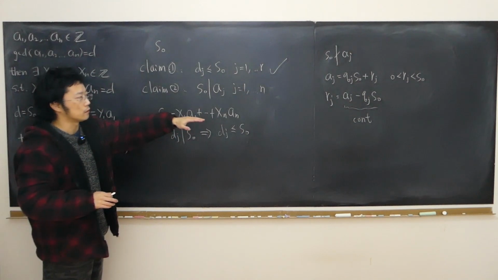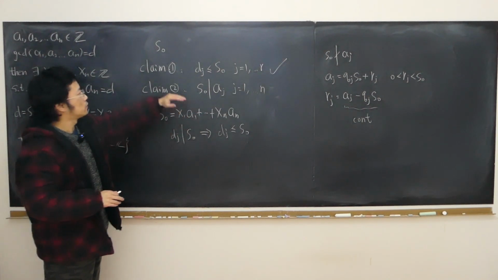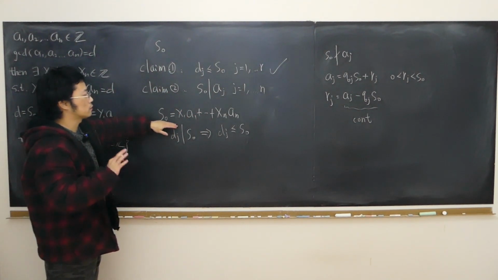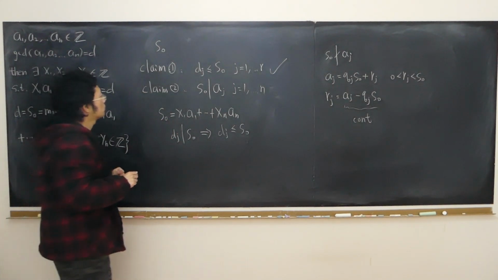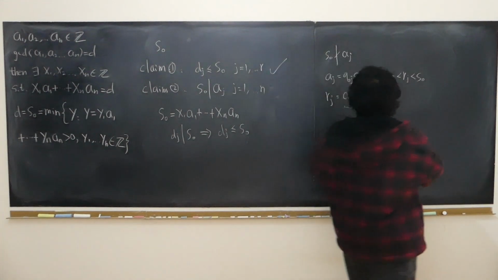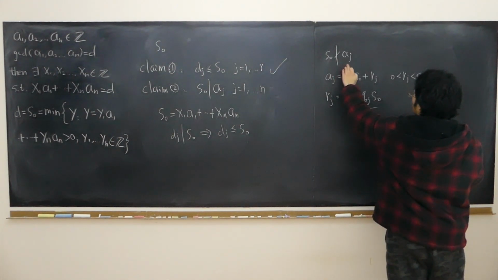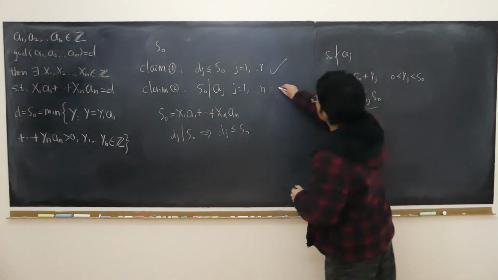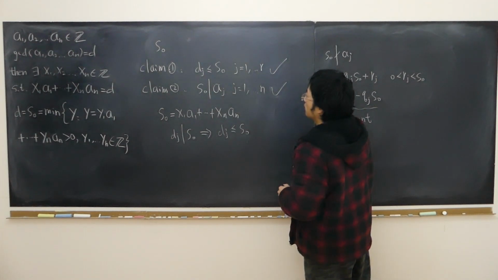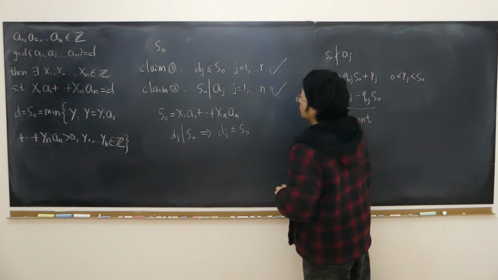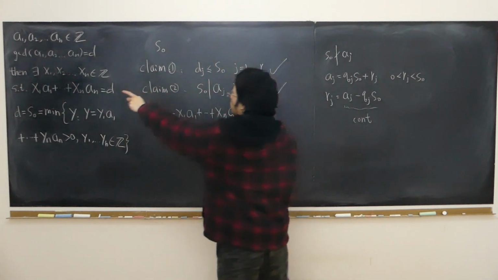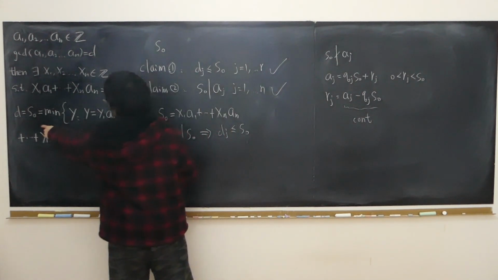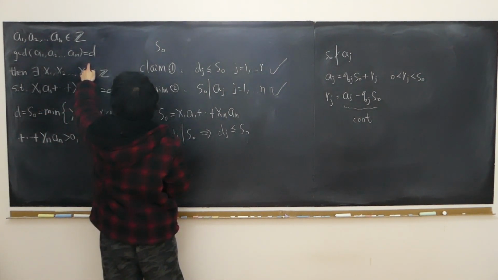Somehow I've found an even smaller integer, smaller than S0. That's a contradiction. So claim number 2: S0 actually divides aj. So this is proven. So really, S0 is my greatest common divisor, equal to D.